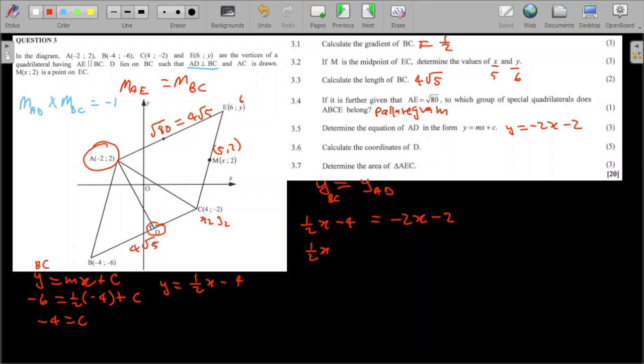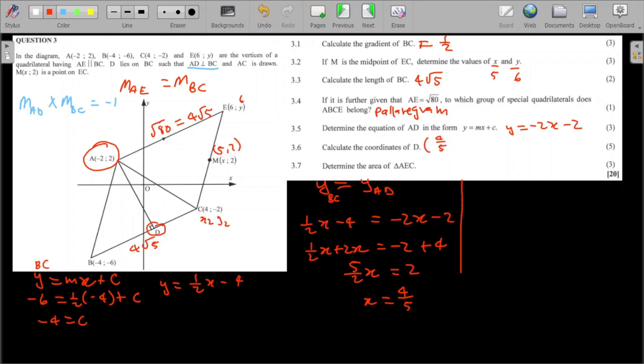So it's 1 over 2x plus 2x equals negative 2 plus 4, which is going to give us 1 over 2 plus 2, it's giving me 5 over 2x, and negative 2 plus 4 is giving me 2. So 2 divided by 5 over 2 gives me 4 over 5. So x of D is 4 over 5.